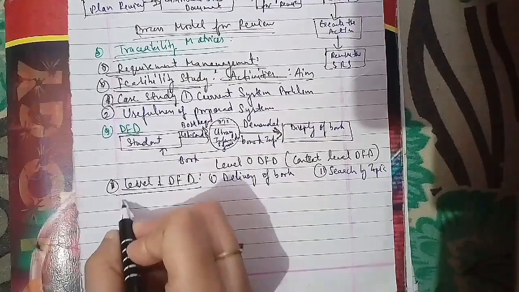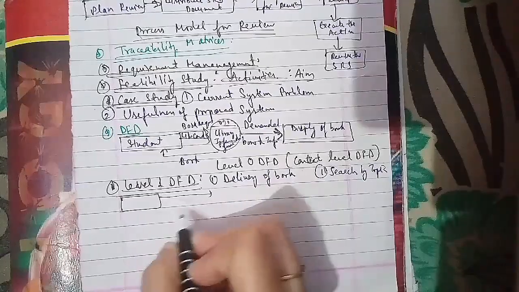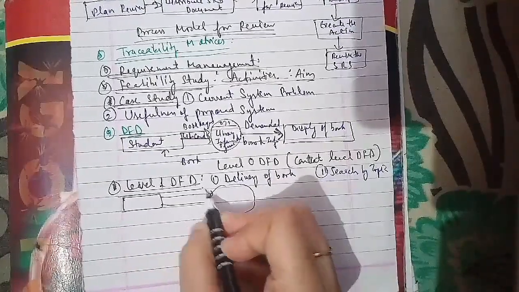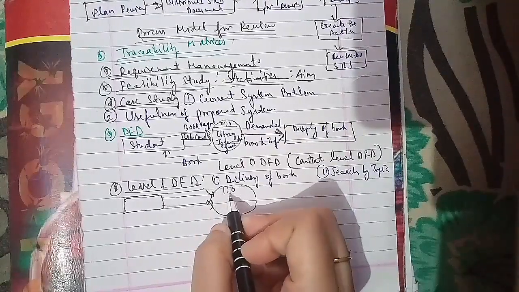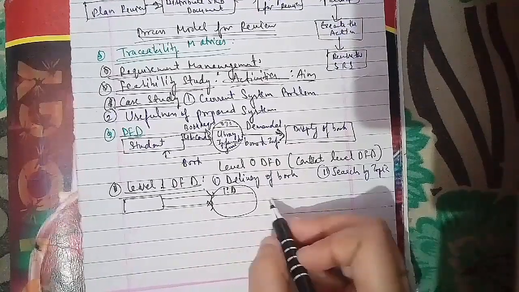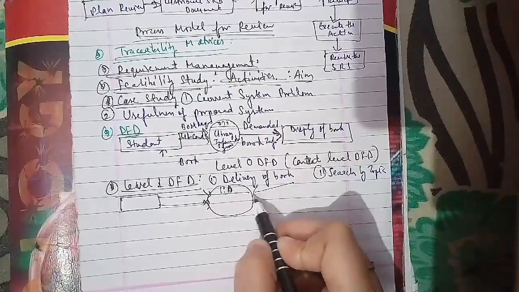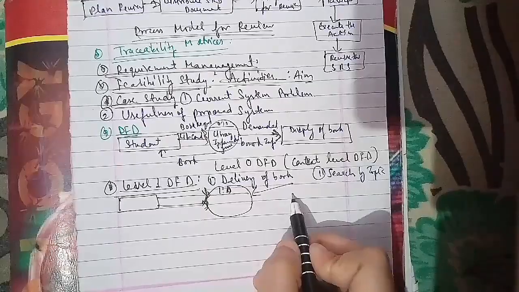For that we have the bookshelves, another one is the list of authors, and the other one we have is the list of titles. This all comes towards the delivery of book.